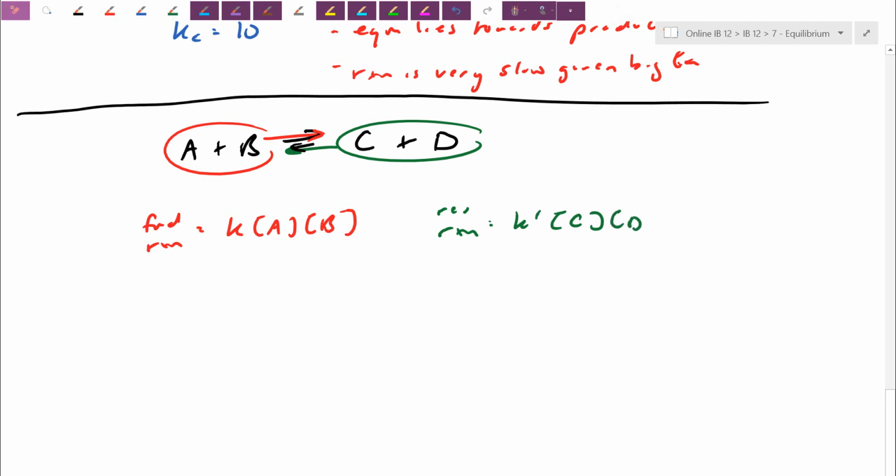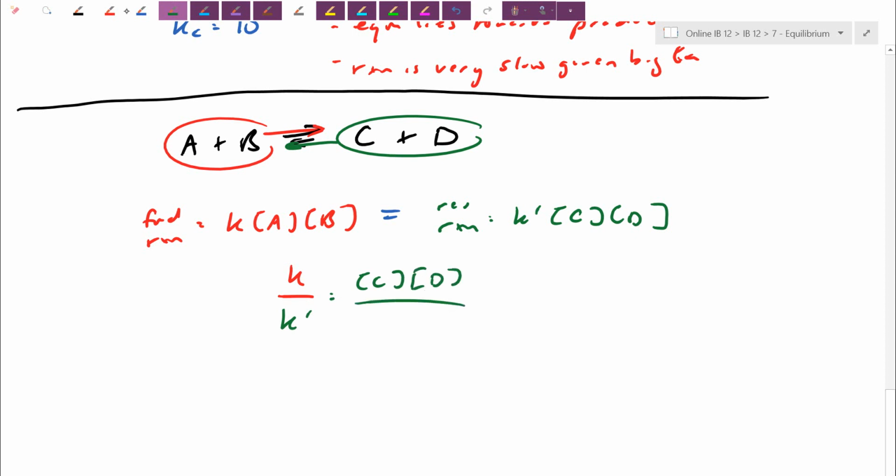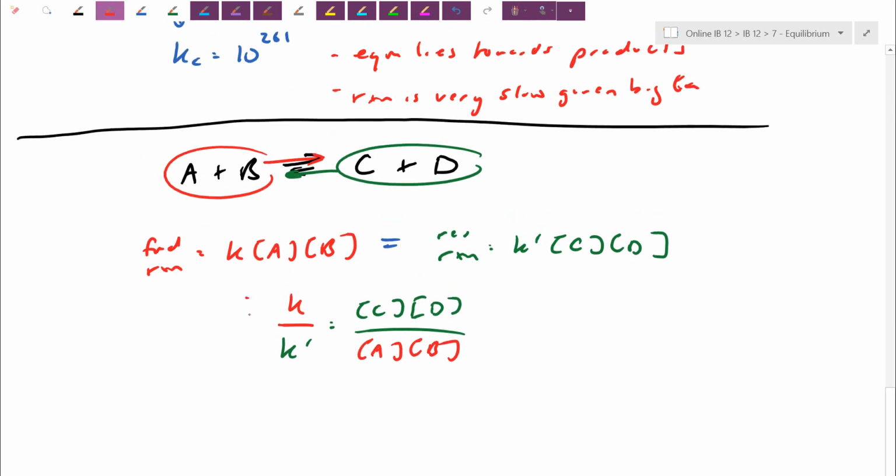Remember, we said that by the time these reach equilibrium, we set these two rates equal to each other. When they're equal, let's bring the rate constants together: k divided by k prime is equal to C times D all over A times B. And we called this the equilibrium constant, our Kc.